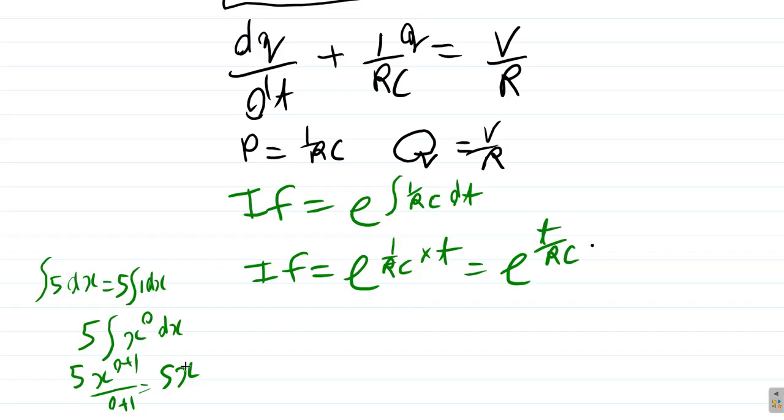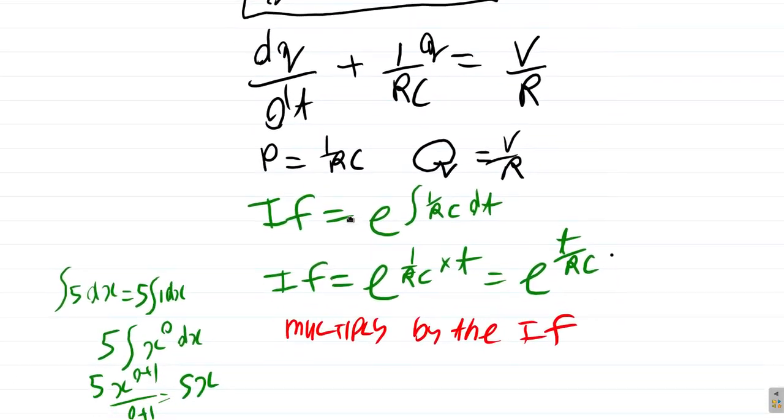Now the next thing we do, you remember, multiply by the integrating factor. We're going to multiply both sides of the equation by the integrating factor.